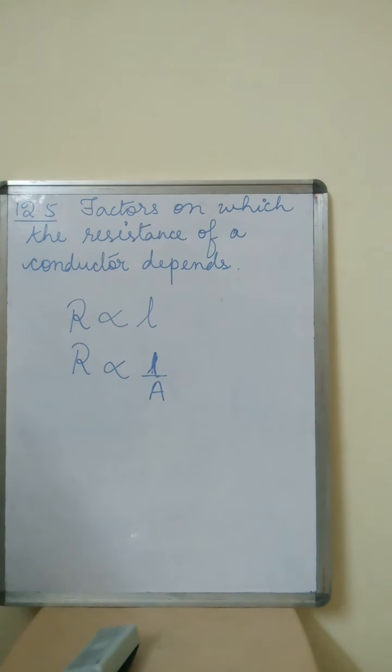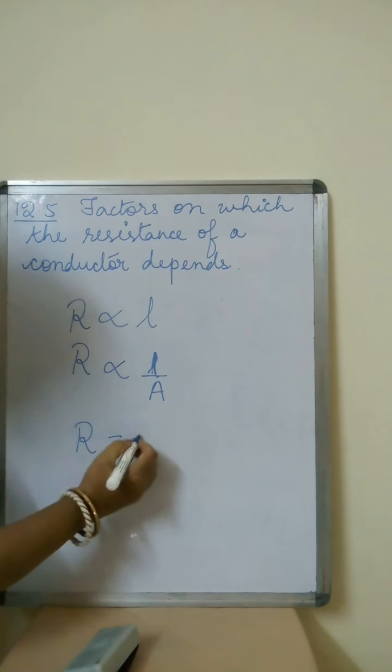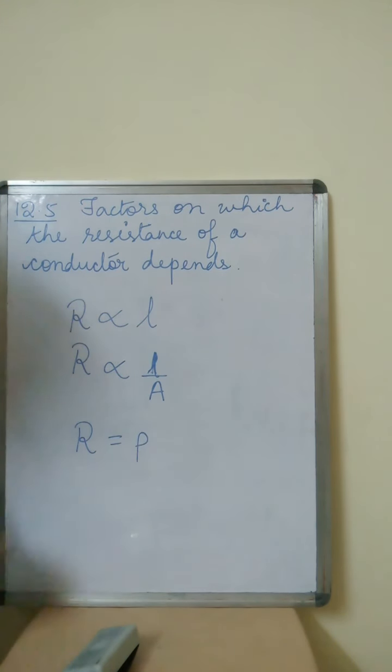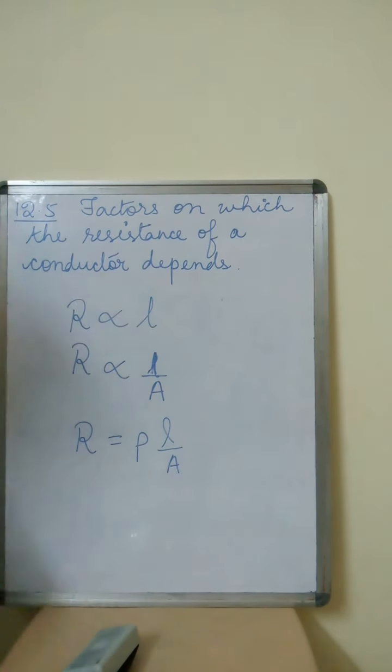So when we combine these two, what do we get? We get R equals rho L by A.